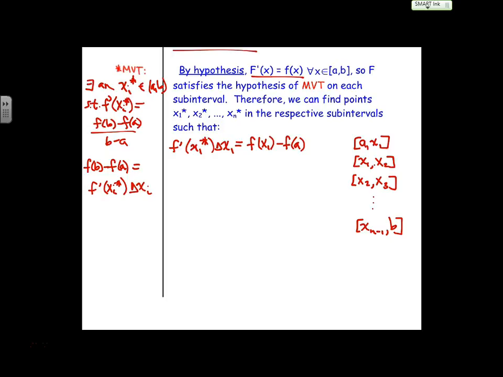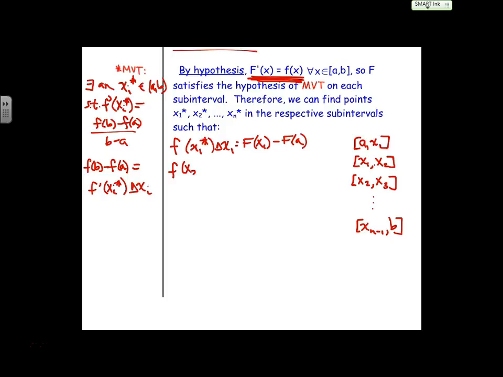However, hold on, there's something that I kind of forgot. When we talk about little f, we're actually talking about capital F prime. So I'm going to change this notation really fast just to make it appropriate to antiderivative. We're going to change this to f, denoting the function given to us in an integral, and say capital F of x sub 1 minus capital F of a. And then we can say that's one subinterval.